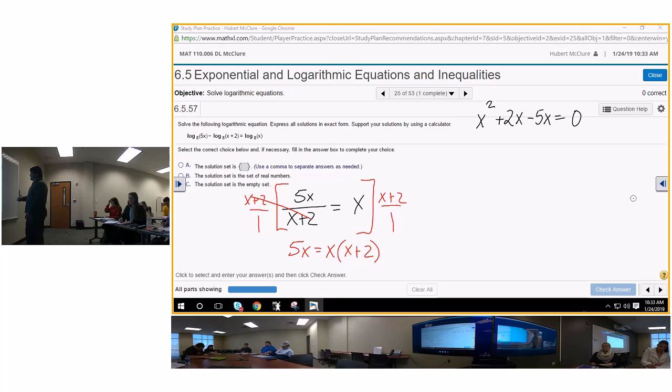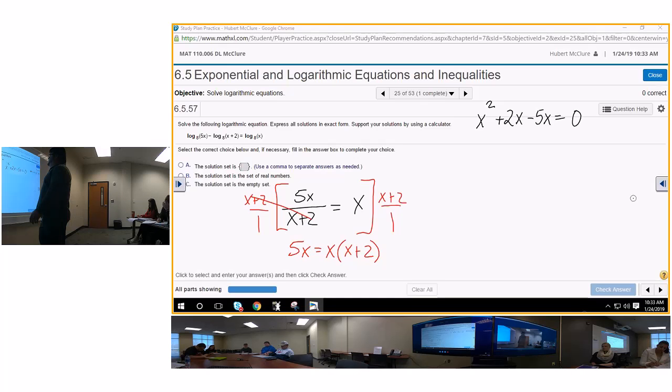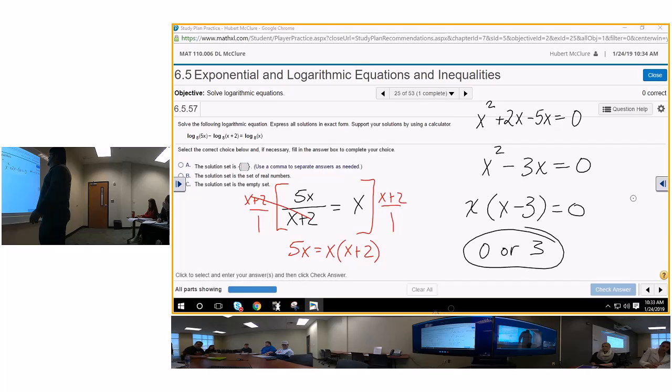Y'all check my algebra. X squared, 2x, and then minus 5x. And what's 2x minus 5x? Minus 3x. Well, we don't have to use complete the square here. We can factor out an x. And that'll give us x minus 3 is equal to 0. So x is equal to 0 or 3.